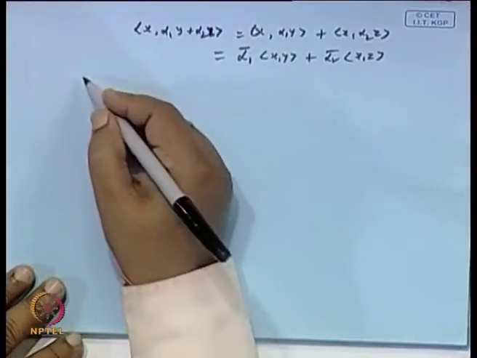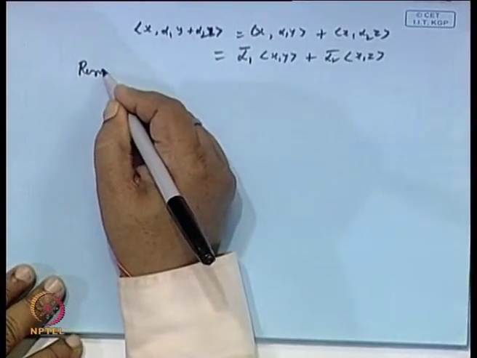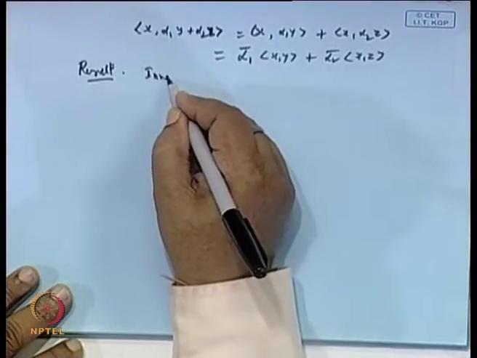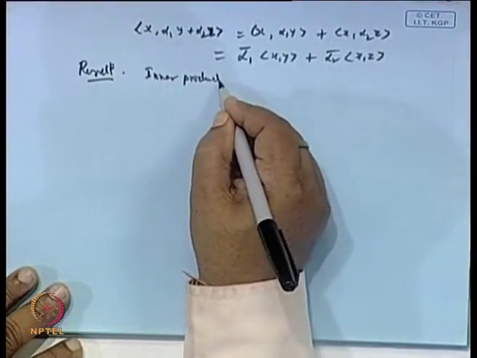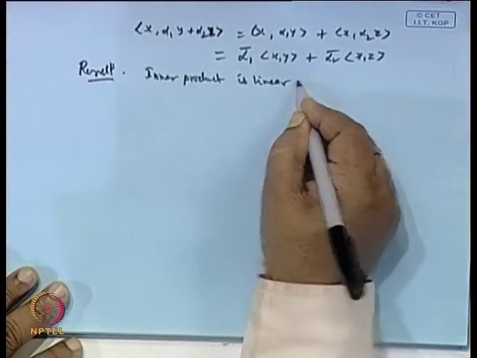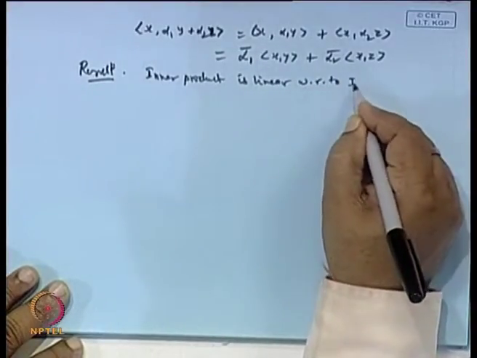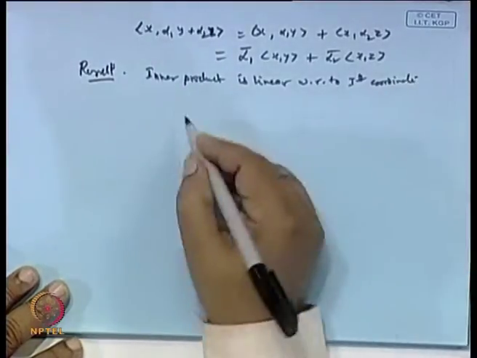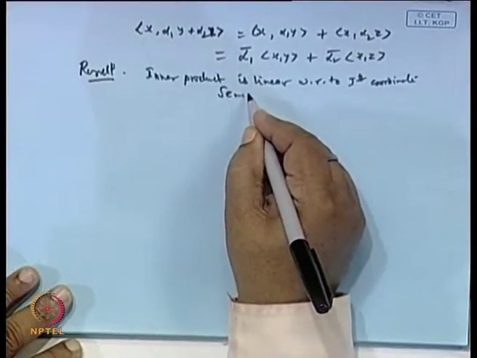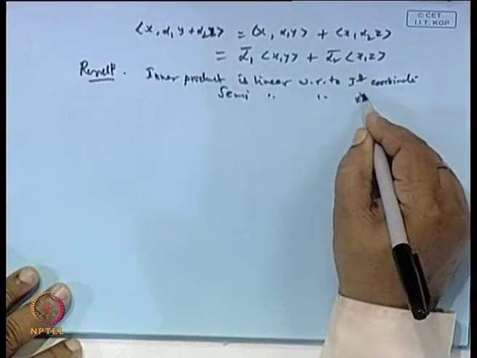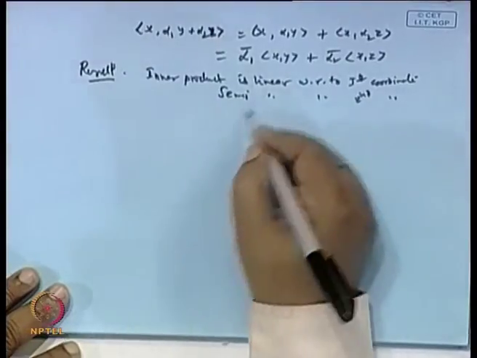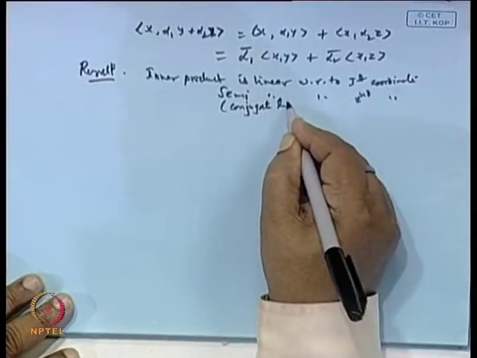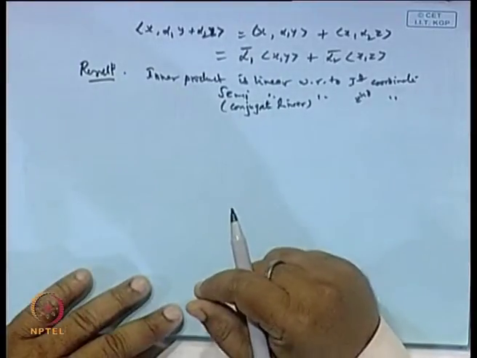So, the conclusion is that inner product is linear with respect to the first coordinate, while semi-linear with respect to the second coordinate, or conjugate linear. Clear?